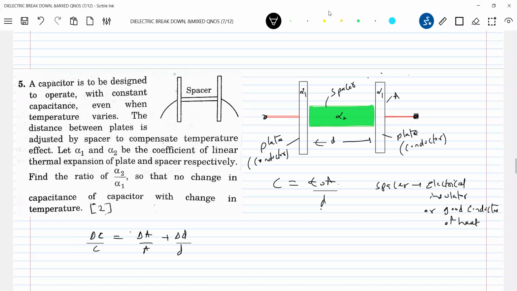This should be equal to 0, no? Delta A by A should be equal to beta into delta T, beta 1, plus delta D by D. It's only length, that one. So here, minus.